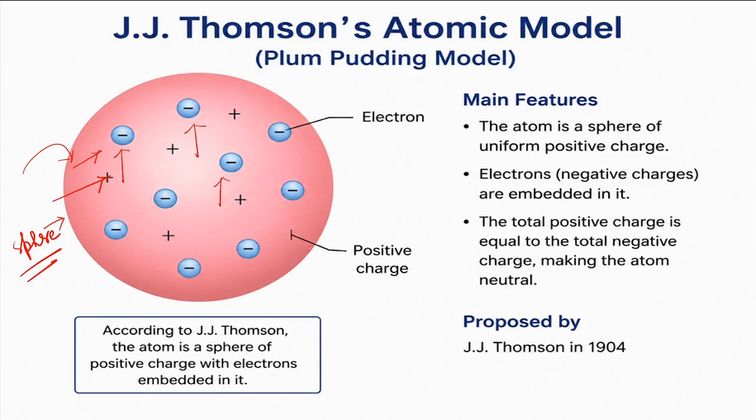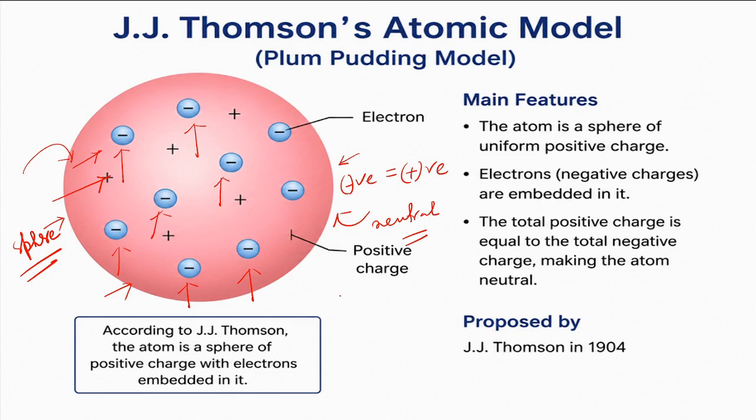So these negatively charged particles are electrons here. The electrons are embedded in some fixed positions in this positively charged sphere. The total negative charge inside the sphere is equal to the total positive charge present in the sphere. Thus the whole spherical arrangement becomes neutral. Right?